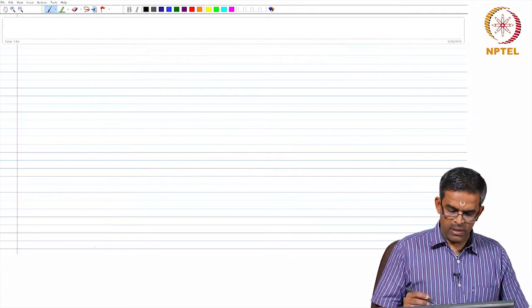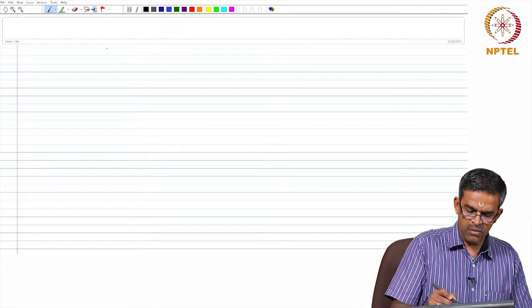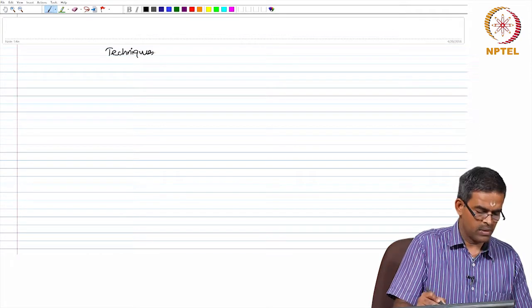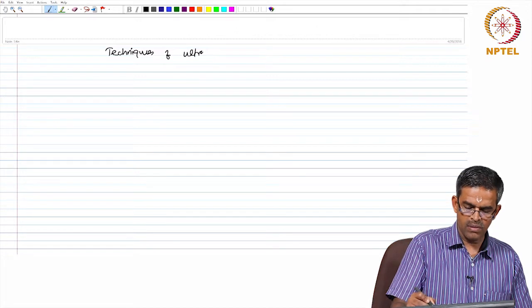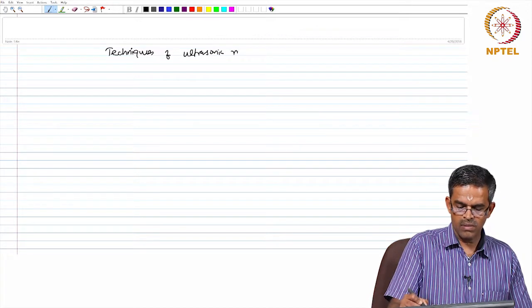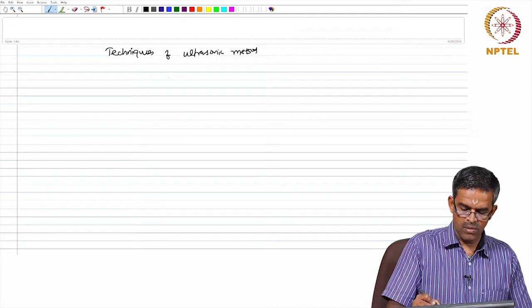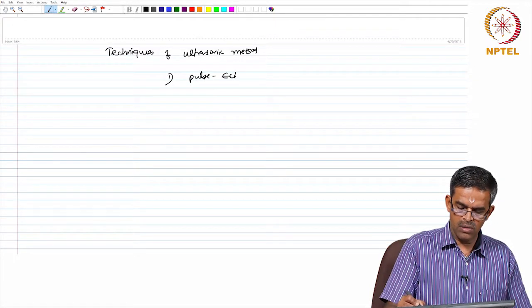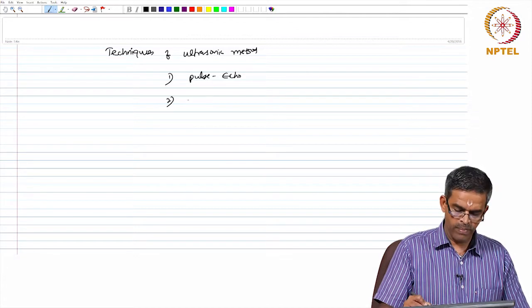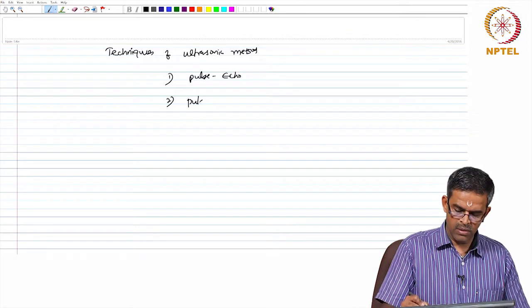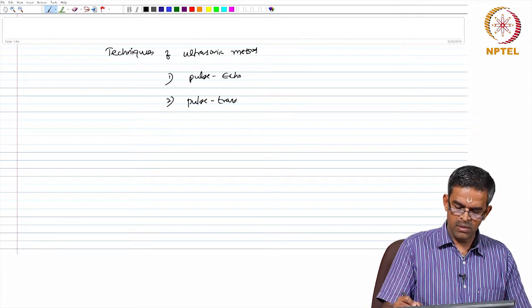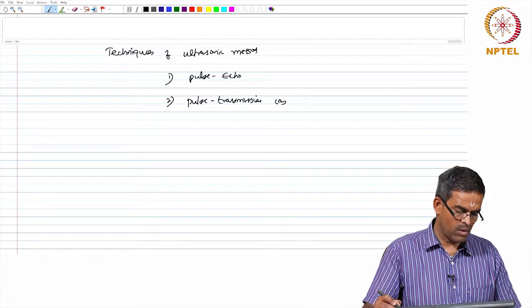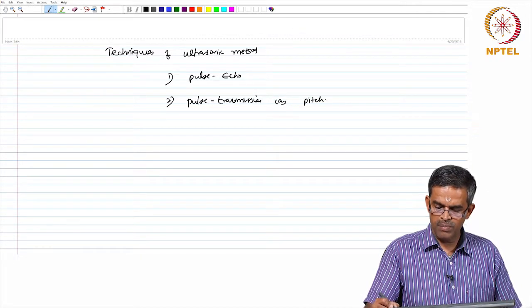There are different methods and techniques of ultrasonic measurements. Commonly used is pulse echo method, the other is pulse transmission, or otherwise called as pitch catch method.